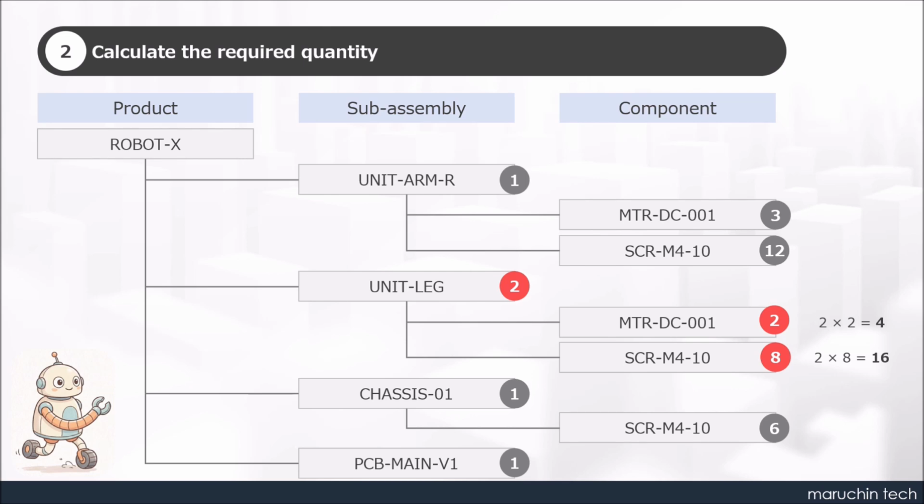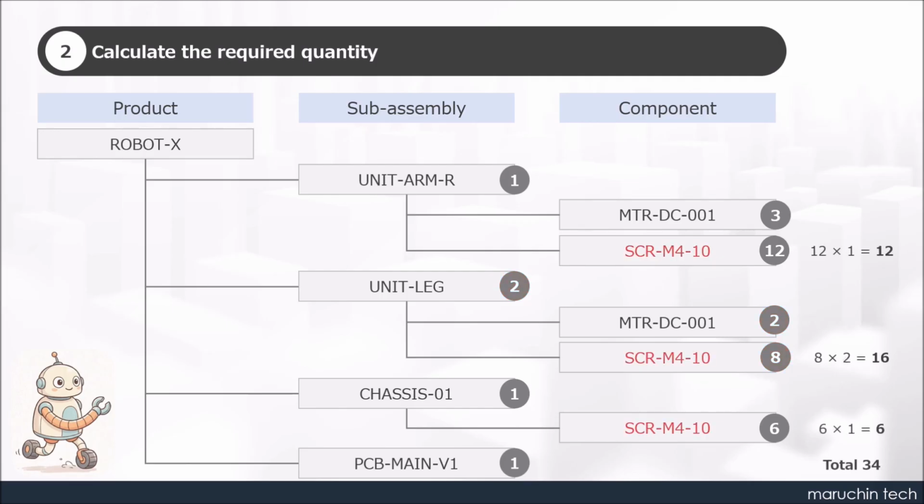For example, since there are 2 legs, the number of parts required for the legs is doubled. One leg consists of 2 motors and 8 screws. Therefore, if there are 2 legs, you need 4 motors and 16 screws. This is similar to car manufacturing, where you have 4 tires and the suspension is often symmetrical.